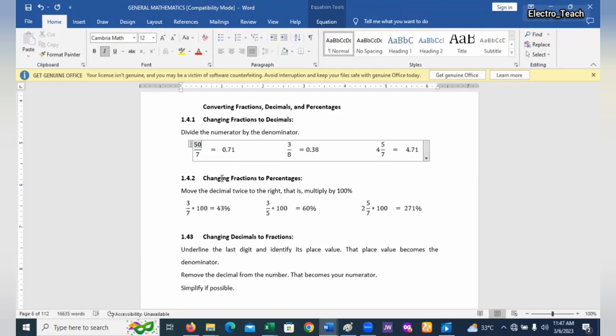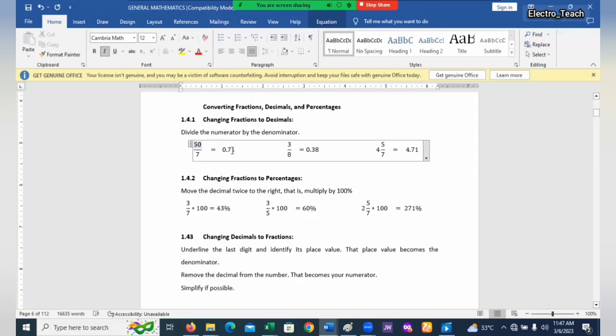Then you say 50 divided by 7. Since the original number is a proper fraction, the answer is going to be less than 1, so it's going to start with 0 point something.